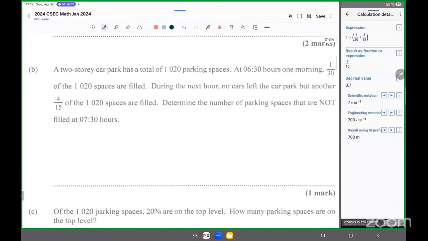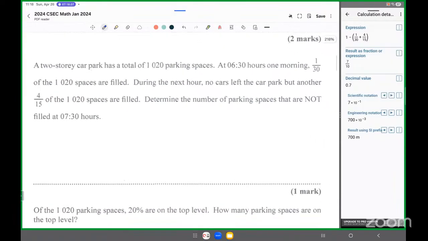It says a 2-story car park has a total of 1,020 parking spaces. At 6:30 a.m. one morning, 1/30th of the 1,020 spaces is filled.